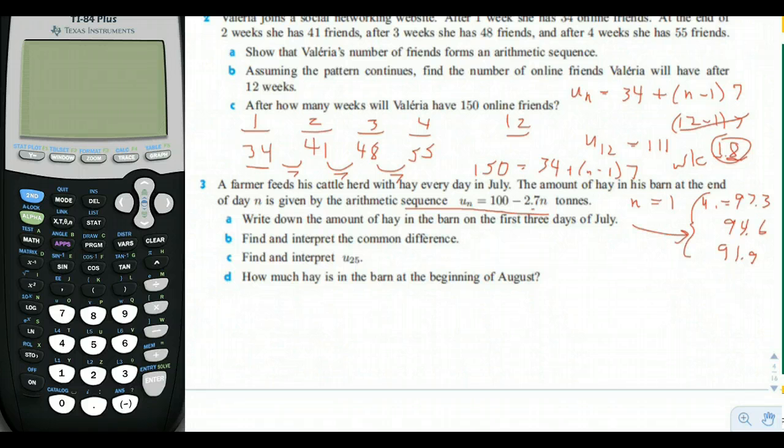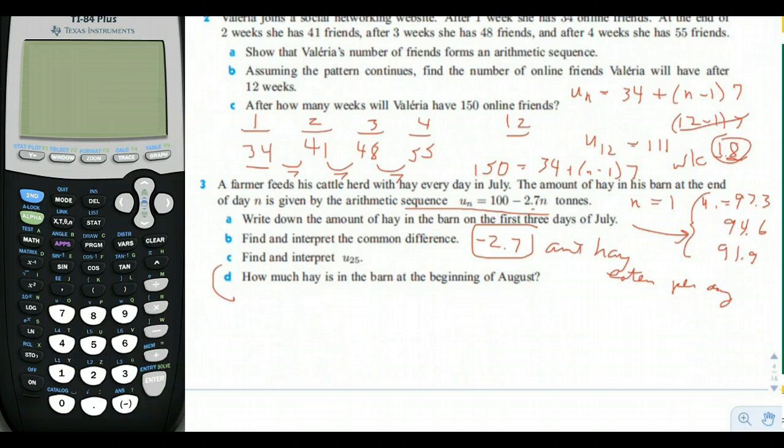Find and interpret the common difference. The common difference is negative 2.7. And basically it's the amount of hay eaten per day. Find and interpret U25.